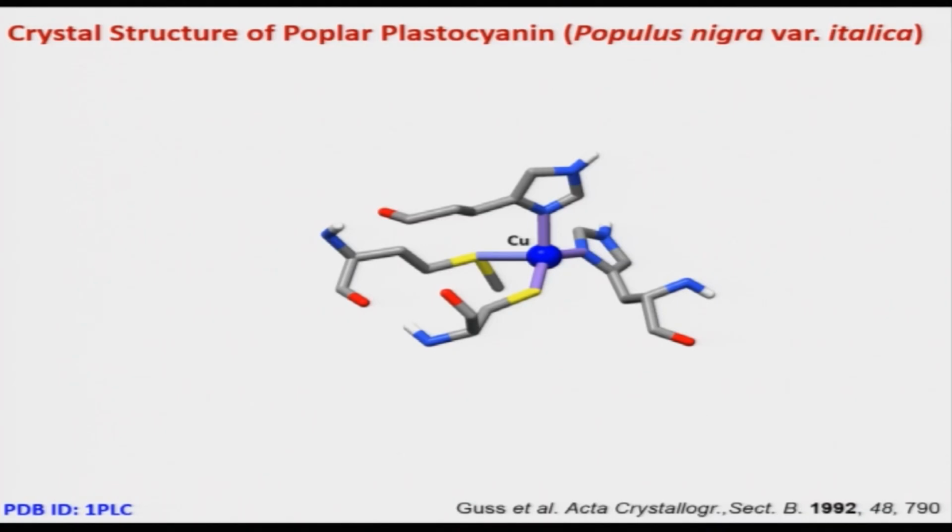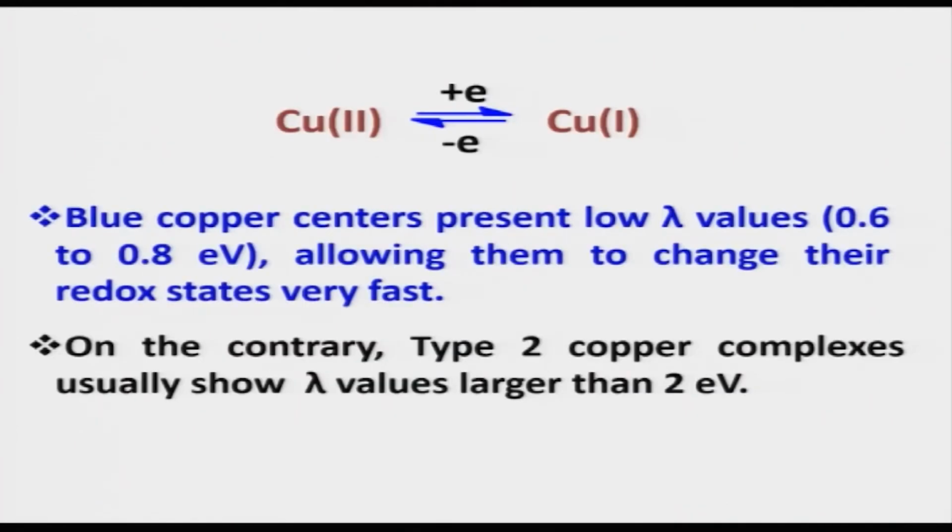The apoprotein obtained in this manner was crystallized and found to be isomorphous to the metal containing forms, indicating that the structure undergoes very little change upon metal removal. So, this is clearly reflected in the reorganization energy. As you can see in blue copper protein, the reorganization energy is very low.